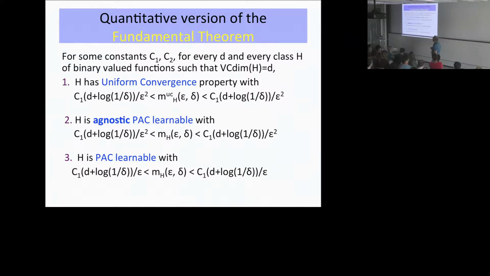So I need 10,000 times the VC dimension examples. On the other hand, if it's realizable, then I only need 100 times the VC dimension examples. So the realizable case is much easier, where the realizable case means that our hypothesis class is really suitable for the data that we are trying to learn.